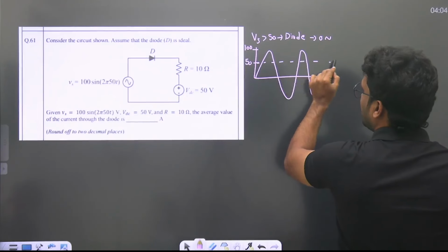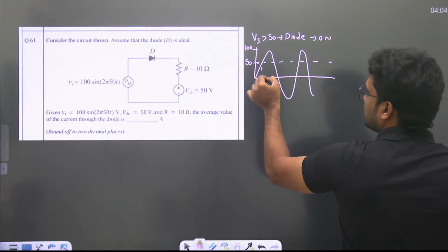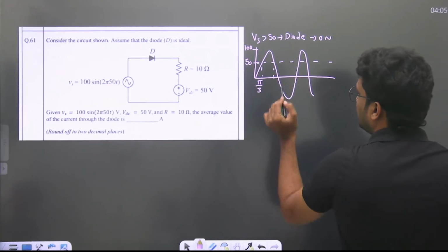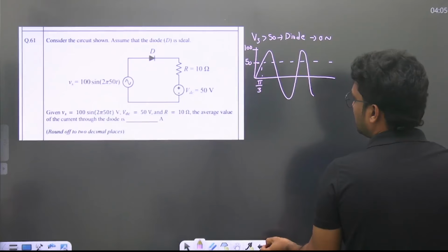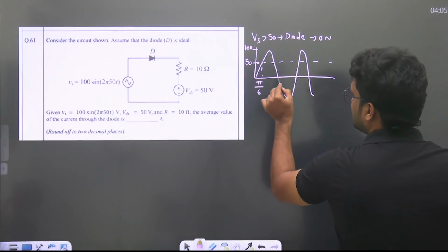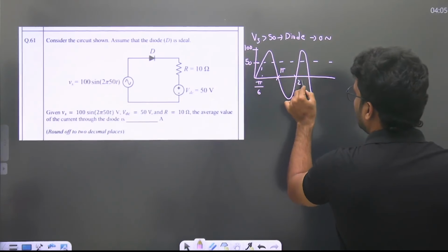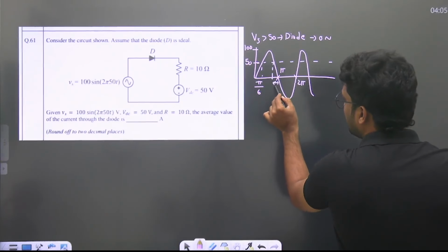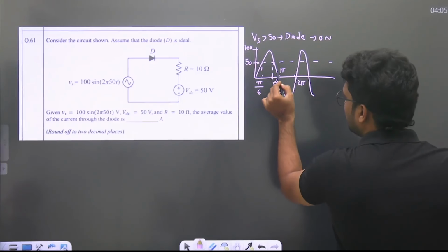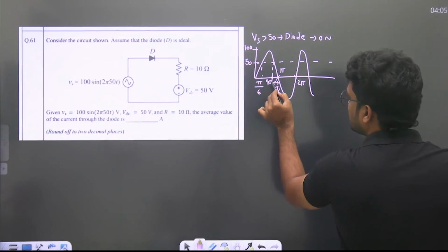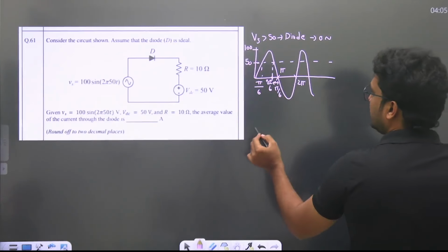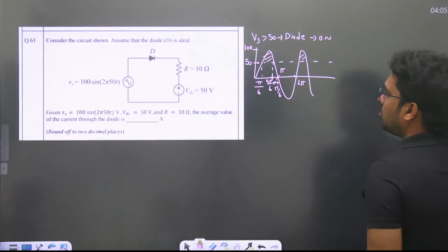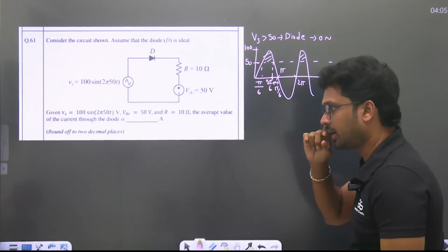So sin theta will be 0.5, by using this when theta is equal to pi by 6, 30 degrees. Now if you take this as pi, 2 pi, because of the symmetry, this part will also be pi by 6. So this should be pi minus pi by 6, 5 pi by 6. So you can see here, during this period only, my input is more than DC. Diode will be on. Remaining time, diode will be off.